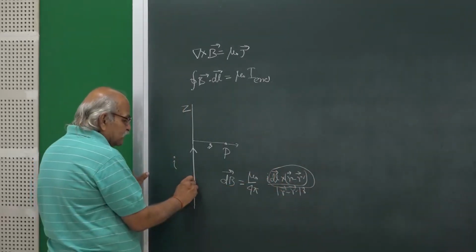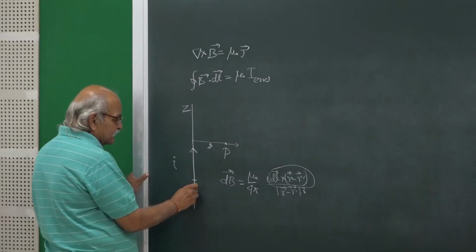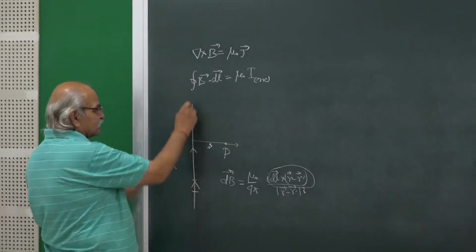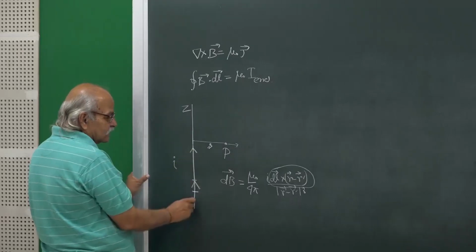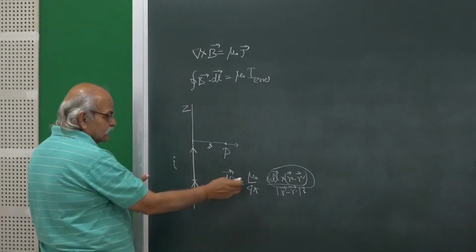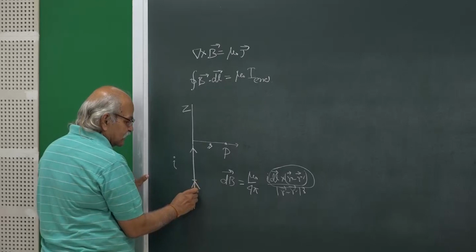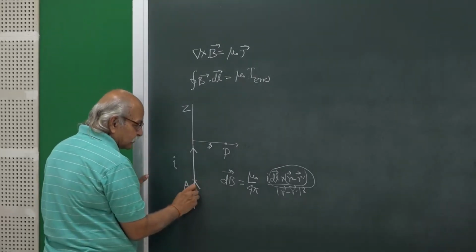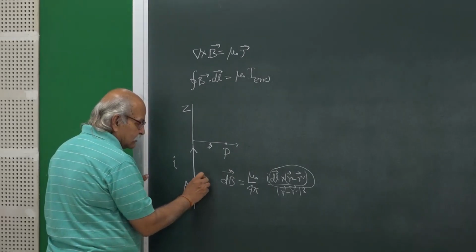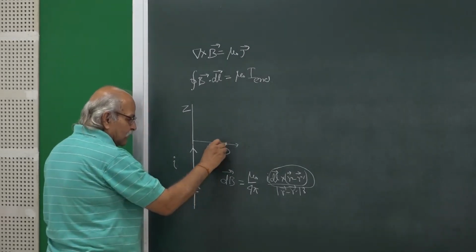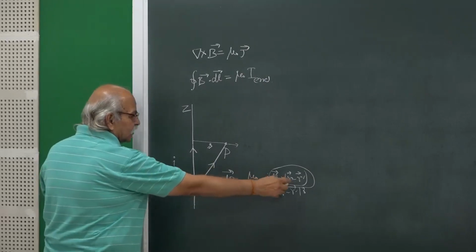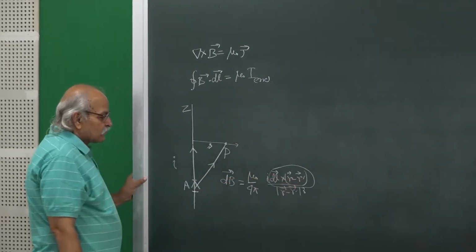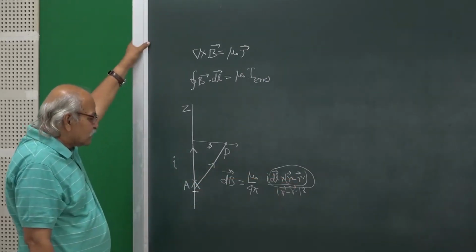So, you take any element anywhere; this is your dl vector because this is the direction of current. And this r minus r prime vector goes from this point A, where you are taking the element, to this point P. So, what we have to do? Take the cross product.